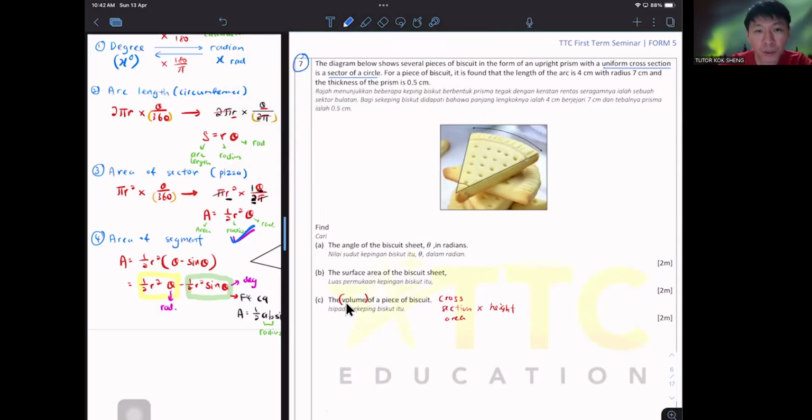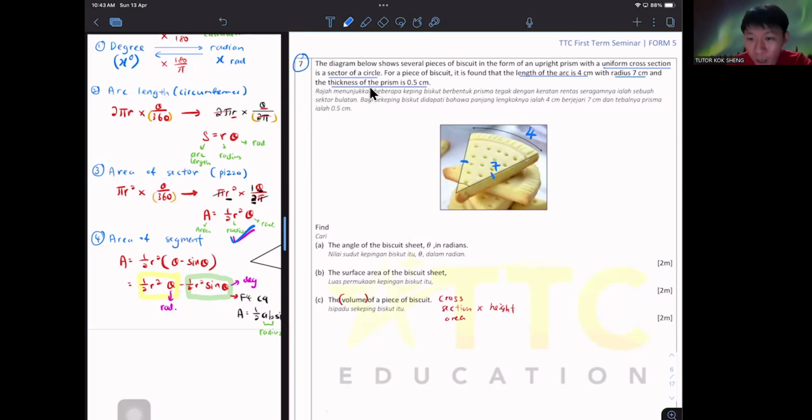Okay, continue. For a piece of biscuit here, it's found that the length of the arc is 4 cm, with the radius 7 cm, and the thickness of the prism is 0.5. Maybe you can try to label this one. This is 4, this is the 7 radius.